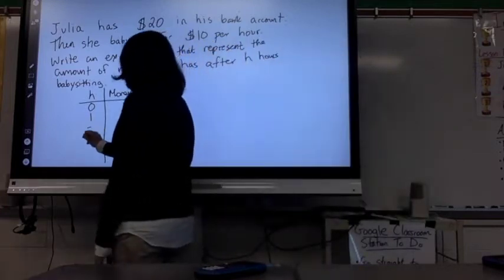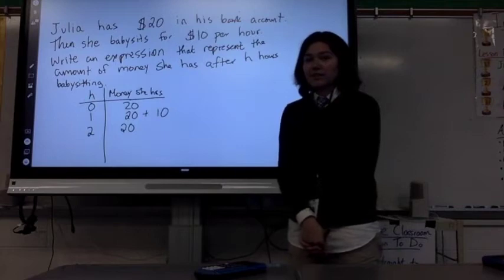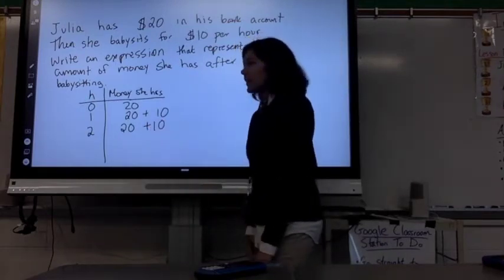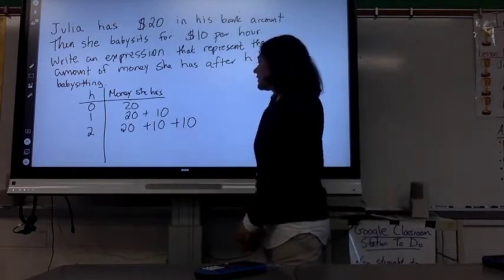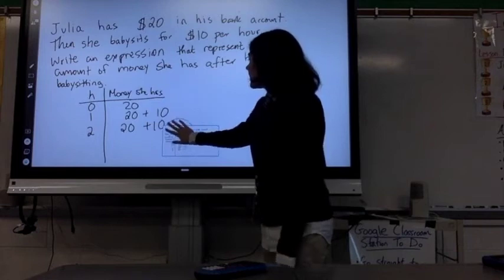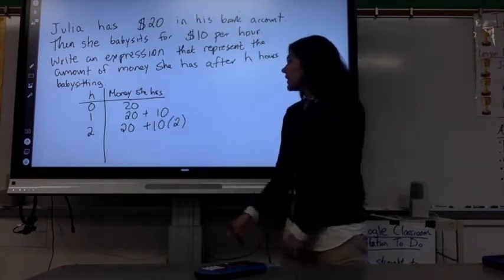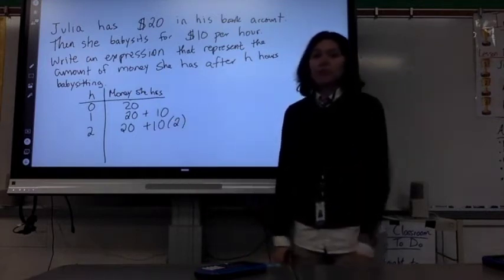If she works for 2 hours, she has that $20 that she already has in her bank account, and then we add $10 for the first hour she babysits, plus another $10 for the second hour. So we could write that as 10 times 2. She's making 10 times 2 for 2 hours of babysitting.